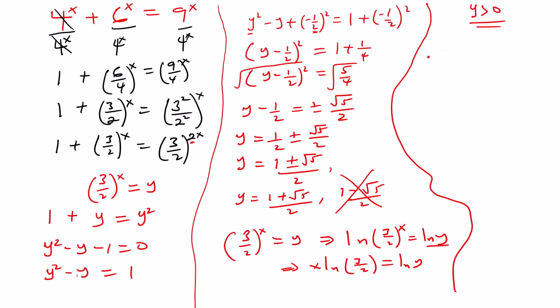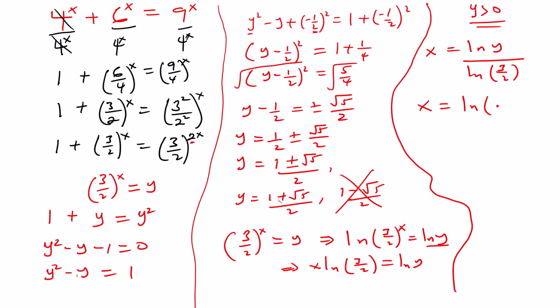Okay, so we have x equals natural log of y. We are dividing both sides by natural log of 3 on 2. So we say y is 1 plus root 5 on 2.